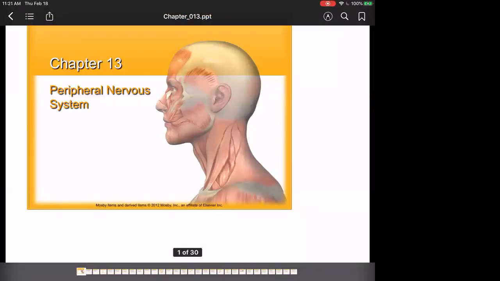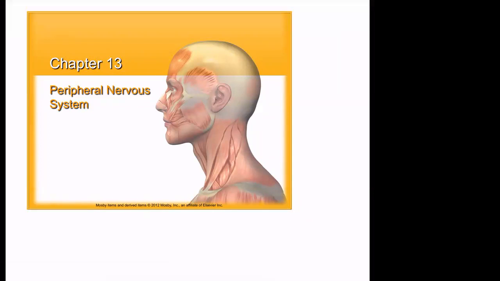The central nervous system, made up of the brain and spinal cord. Peripheral nervous system, all of the nerves that branch off of the brain, all of the nerves that branch off of the spinal cord, and all of the branches off of those branches.